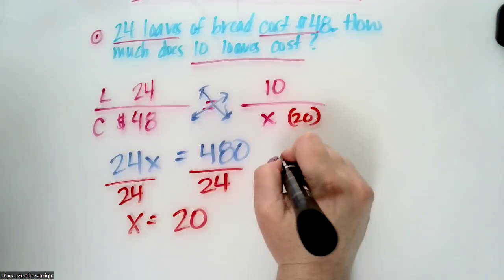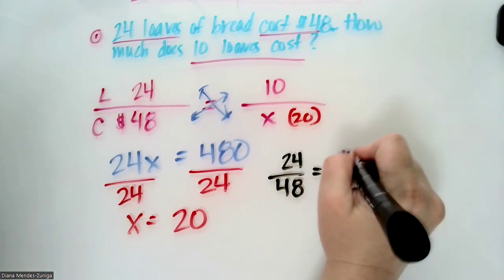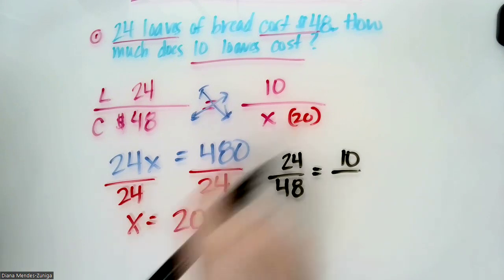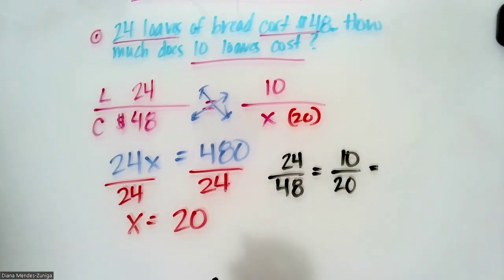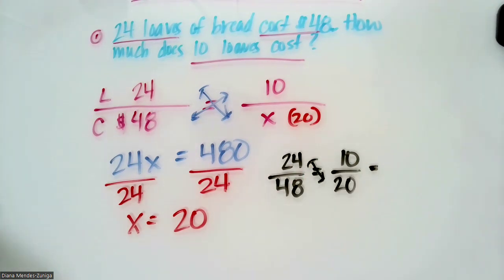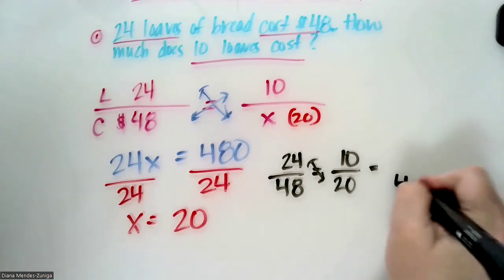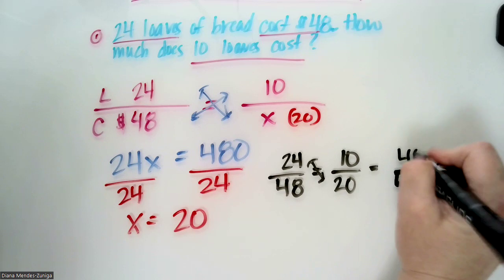This one, sorry about that. 24 over 48 equals 10 over, and now we're going to take our x and plug it in here, 20. Now we should be able to start working this out, and as we cross multiply here, we should see that 24 times 20, let's do it in the calculator, it is late and I am tired, is 480. Okay, so we can put that there. And then 48 times 10 is 480.